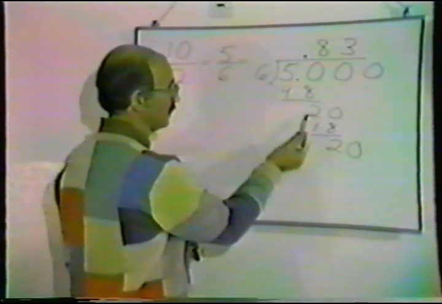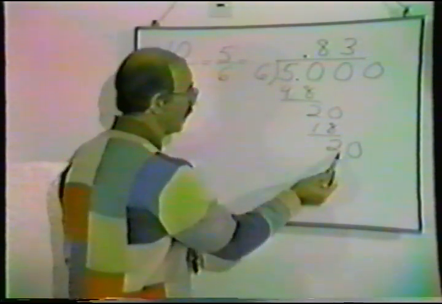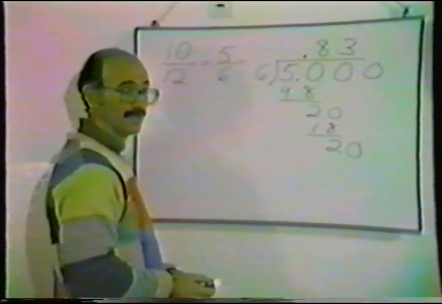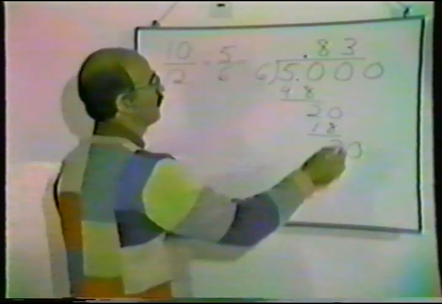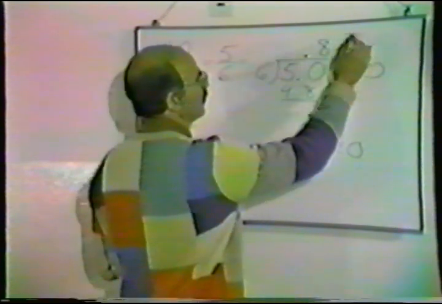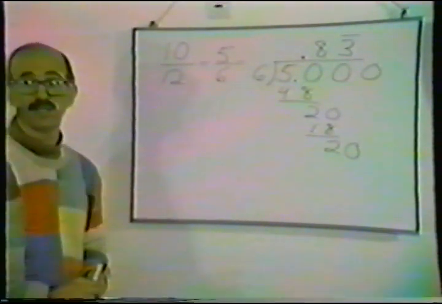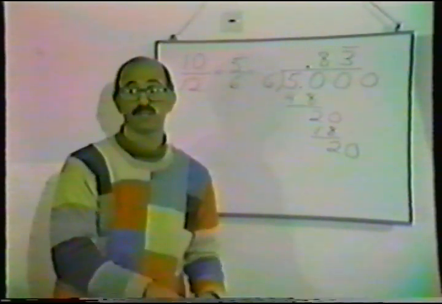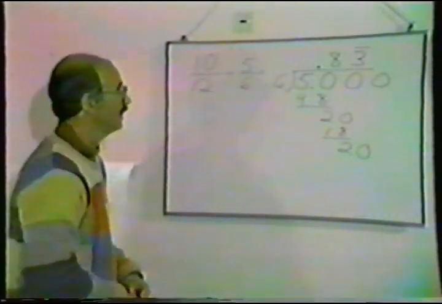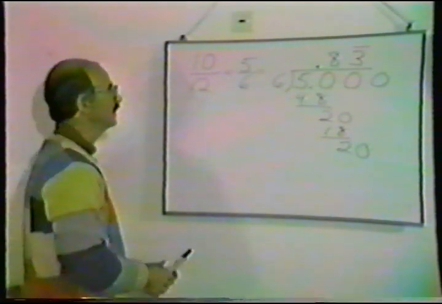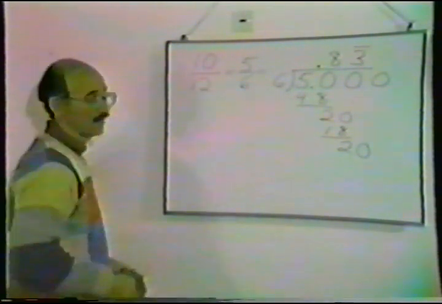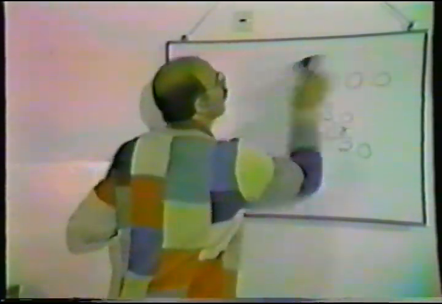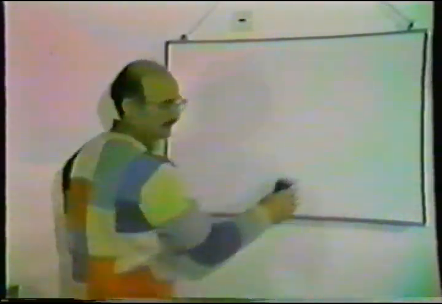We have 6 into 20, and we have another 6 into 20. Every time we do 6 into 20, what do we get? 3. So the 3 is repeating. 0.83333. And remember, it made our work easier by reducing the 10 twelfths to the 5 sixths before we began to divide.